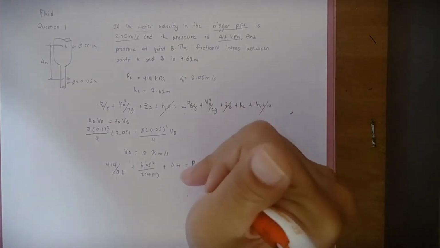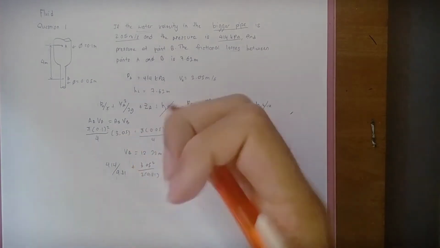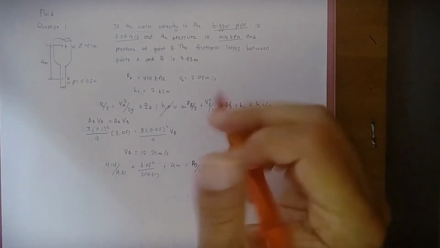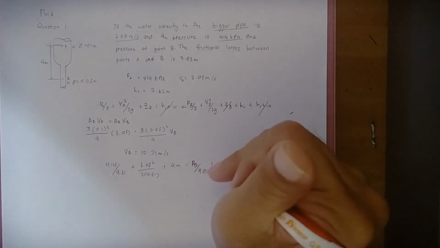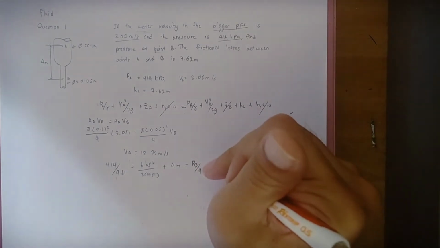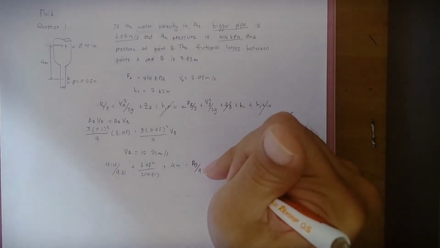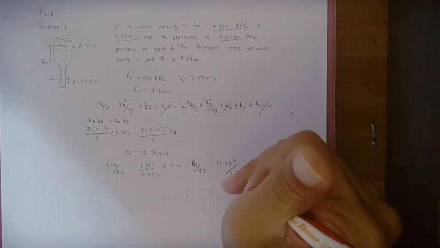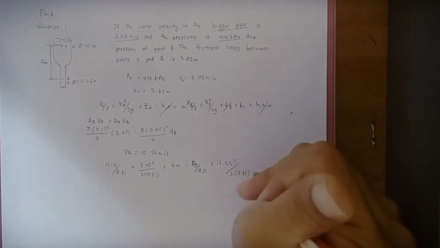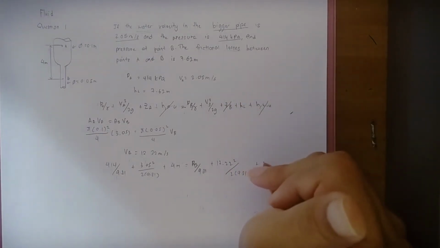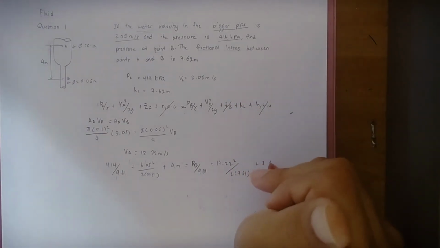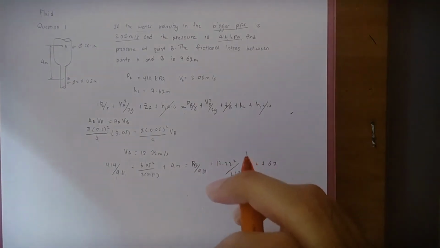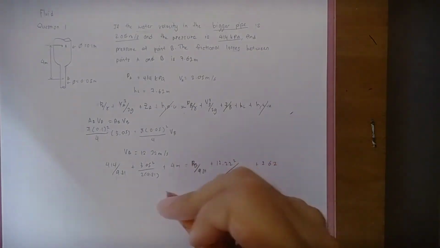The question asks to find PB. So velocity at point B is equal to 12.22, and the HL is equal to 7.62. Calculate all the information given.